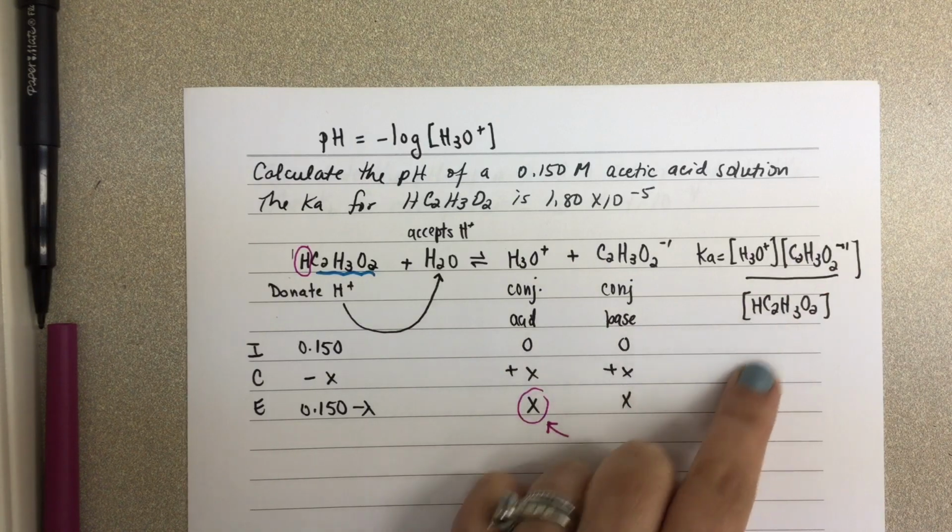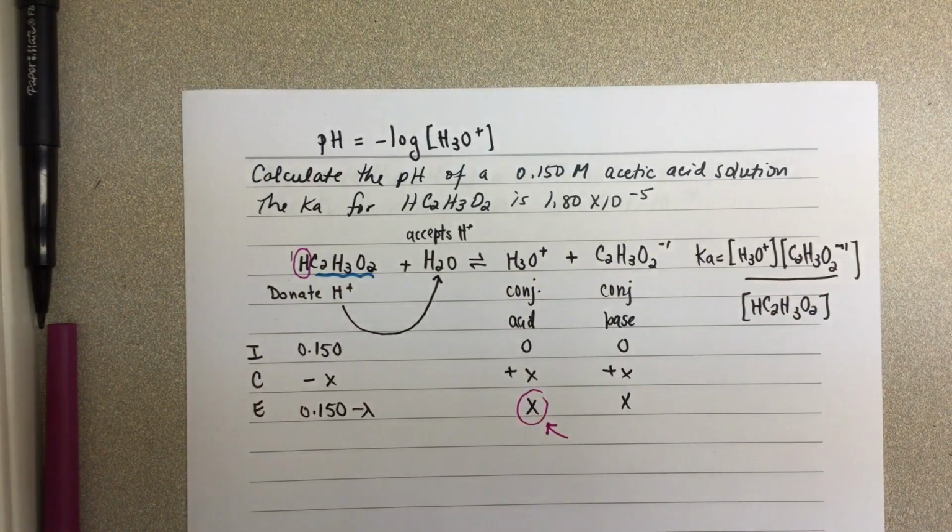Here, same thing that we assumed when your Ka value was like 10 to the minus 5, because it's the same problem. You can assume that at equilibrium, the concentration of your acid is going to be the same as your initial concentration.